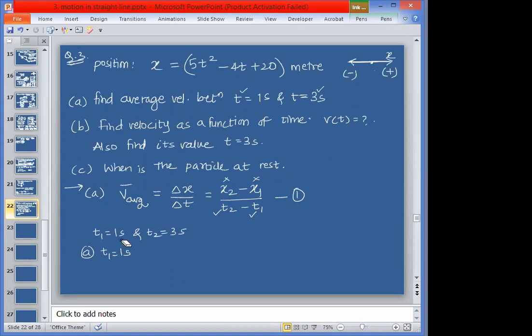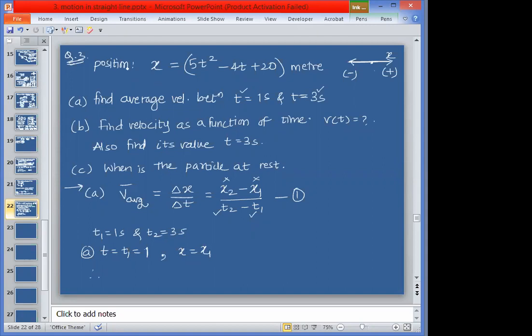Or let us write it as: when time is equal to T1, what is the value of T1? 1 second. Evaluate this function and see what position comes. When T equals T1, can I write the position is equal to x1? Take the initial position as x1 and the time as T1, so at that time the position is x1.